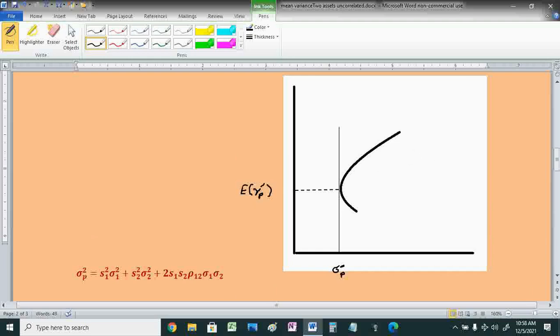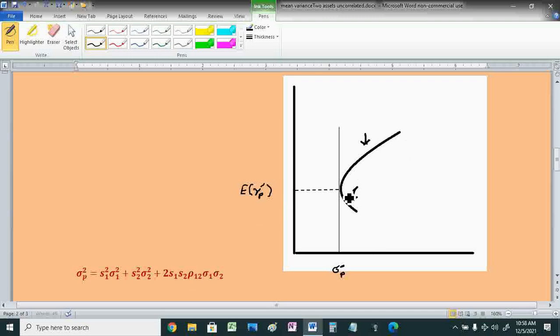And this graph then tells us that in this case where rho 1,2 is equal to 0, again the portfolio possibility frontier will have a portion which will indicate a negative relationship between standard deviation of the portfolio and the expected rate of return on portfolio. And see that in this segment the relationship between the portfolio standard deviation and expected return on portfolio is positive.